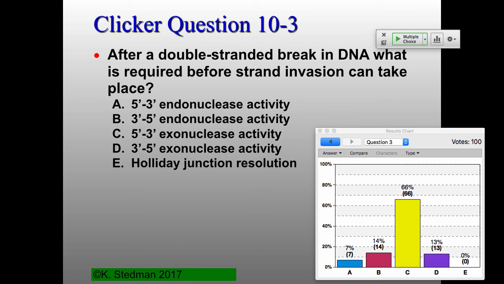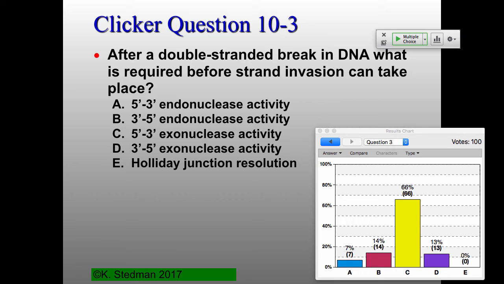Okay, endonuclease can't be right. Why? Because that's cutting inside the DNA. So a 5' to 3' endonuclease and a 3' to 5' endonuclease makes no sense whatsoever. So Holliday junction resolution is what? After you've had this crossing over structure that we'll look at on the next slide, and dealing with that.